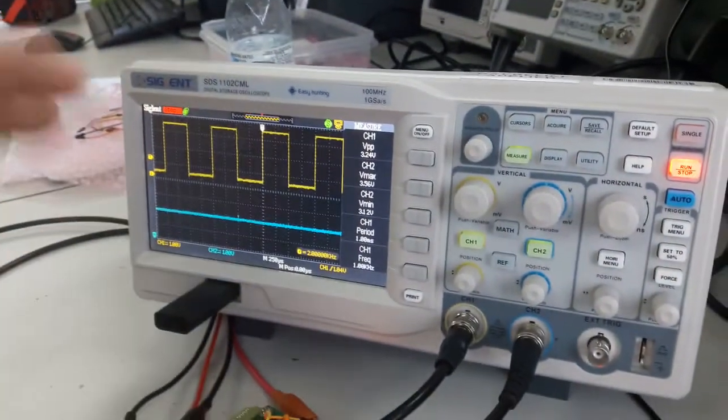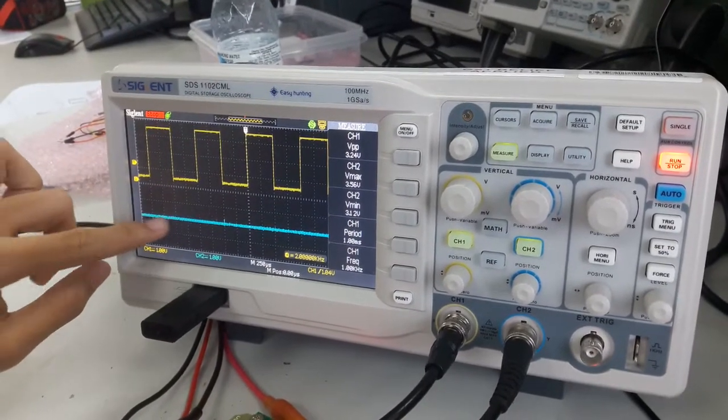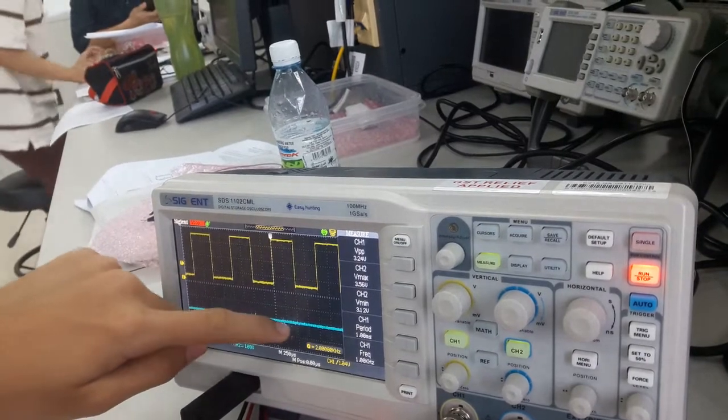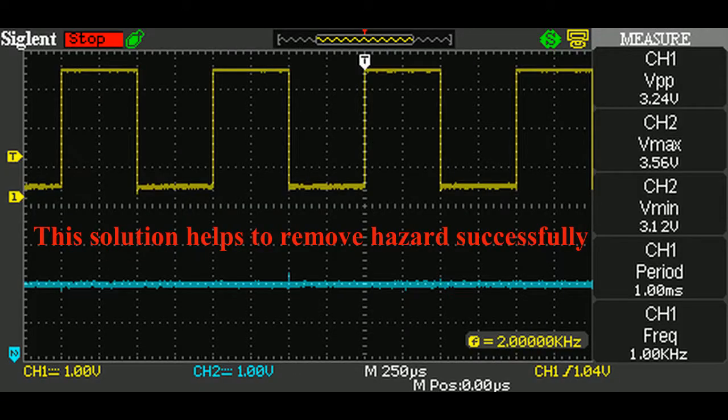And from this construction, we can see that the hazard is clearly removed and the output stays at 1.